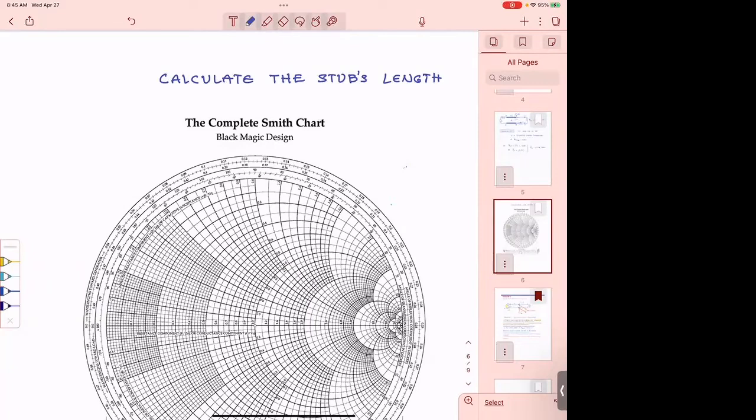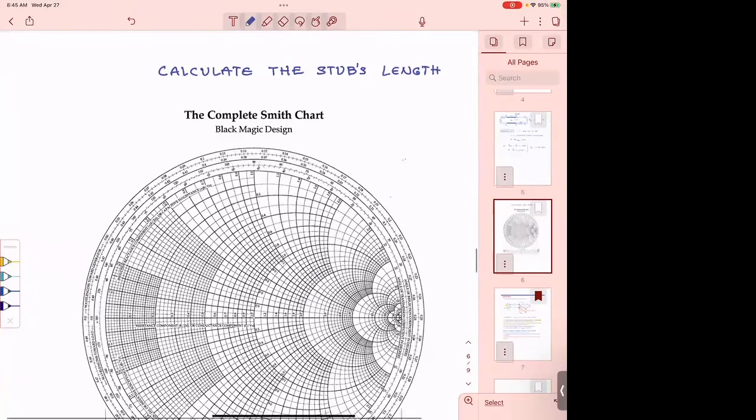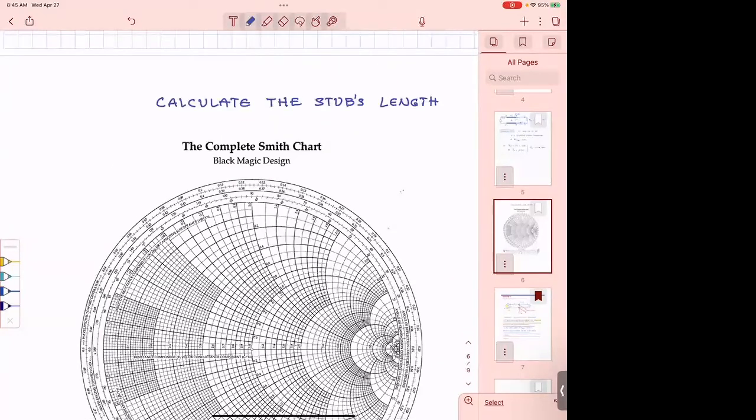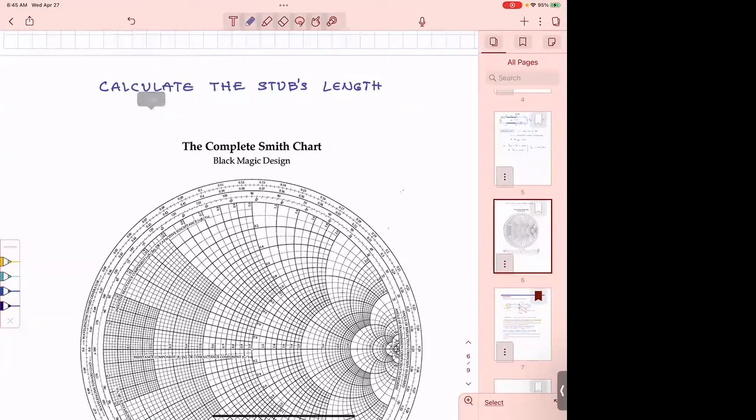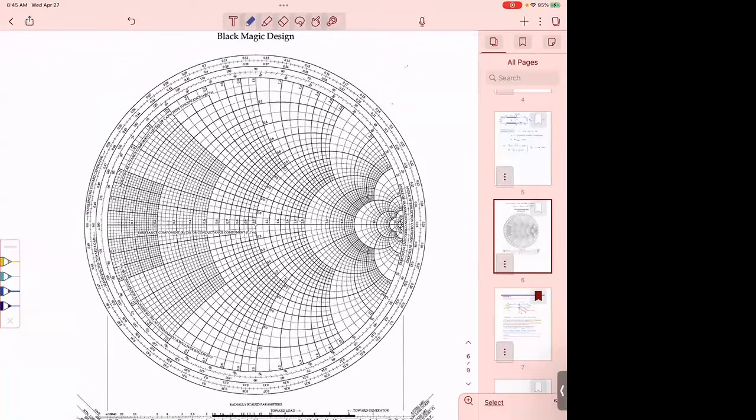So what do we know about the stub? The stub is open circuited. Remember, we said that? Where is open circuit? So first of all, I note that the stub is open circuited. Where do I go to find an open circuit?